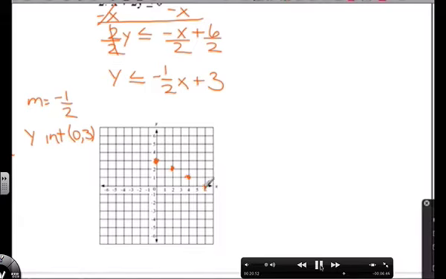Is this going to be a solid or dashed line? Solid. Do I shade above or below? Below, because it's less than. Less than is lower. Less is lower.